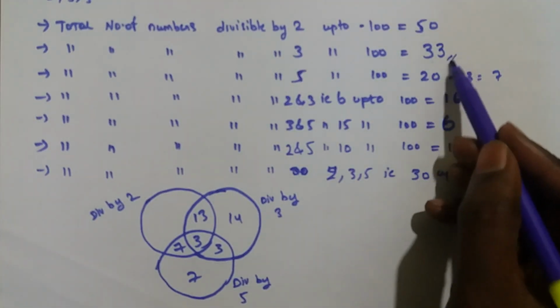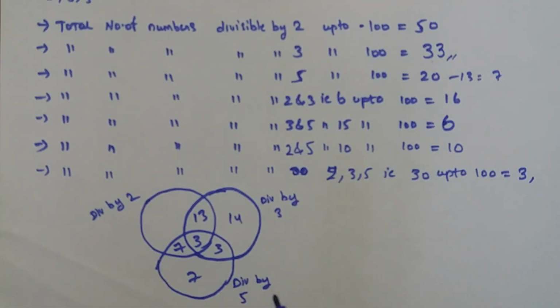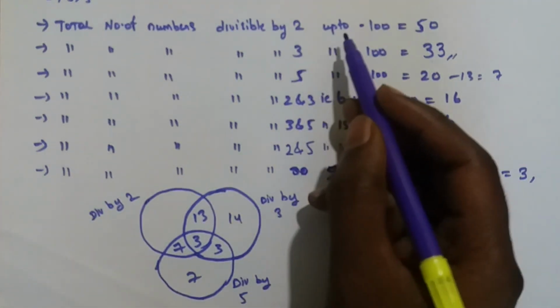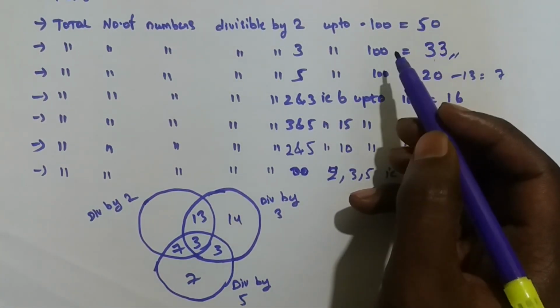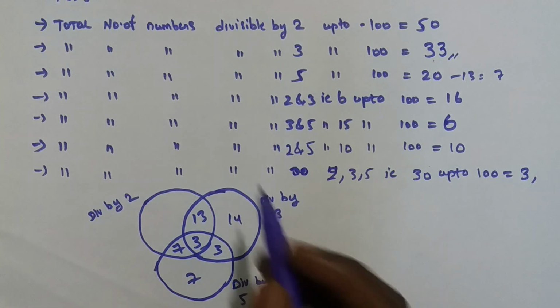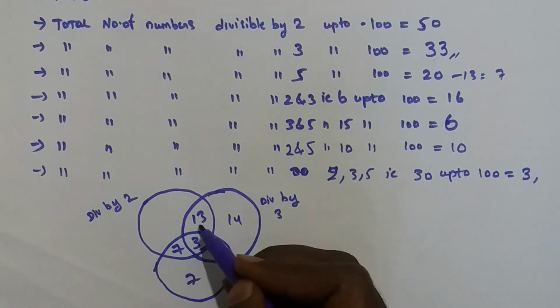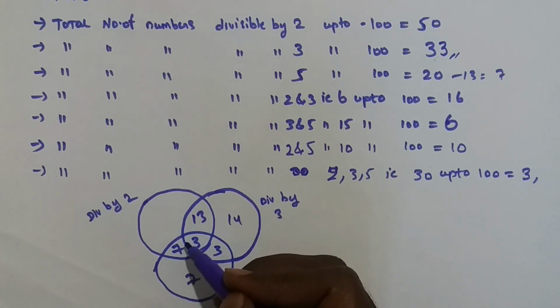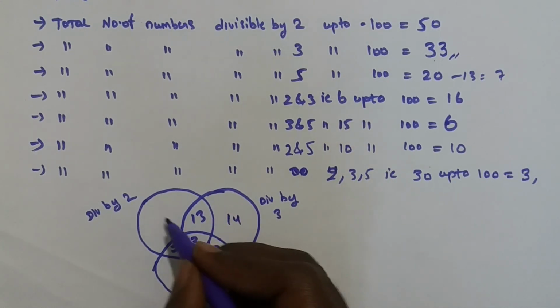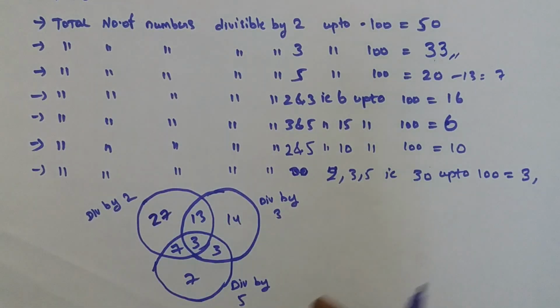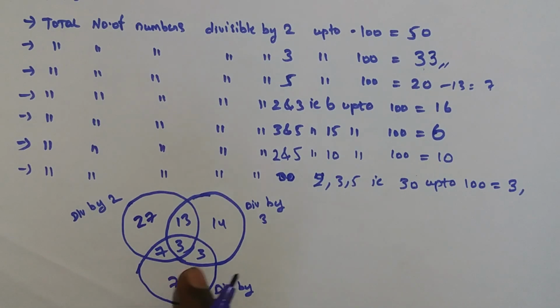Now the numbers divisible by 2 up to 100 is equal to 50 times, right. 2 50s are 100. Now here 7 plus 3 plus 13 is 23. 50 minus 23 is equal to 27, right. 27. Now we got all the values.